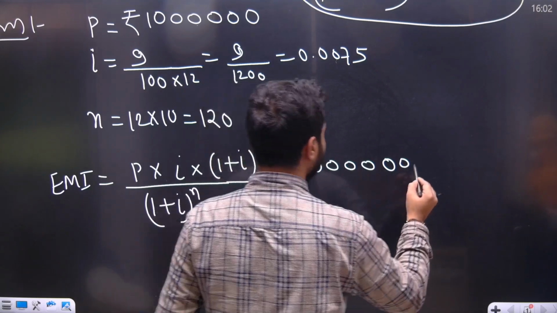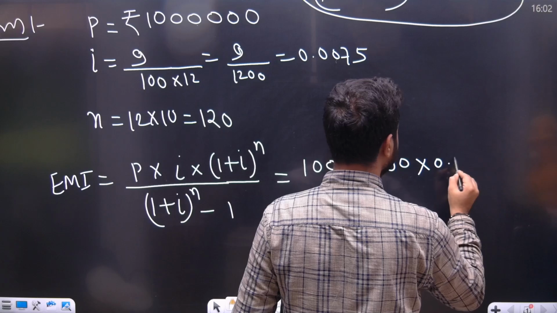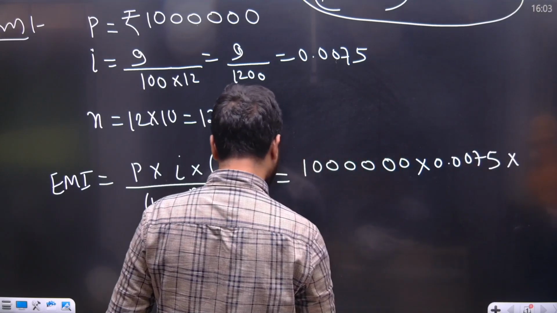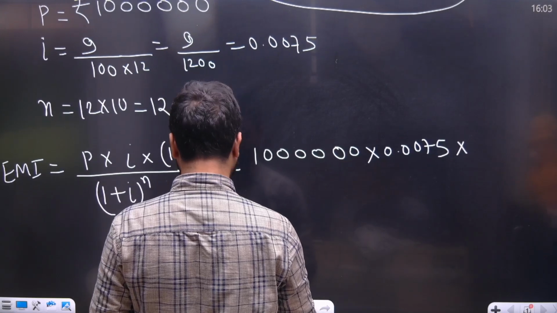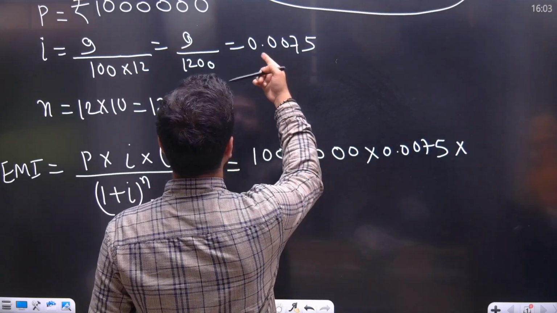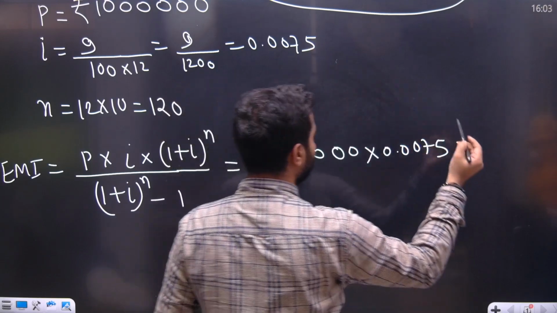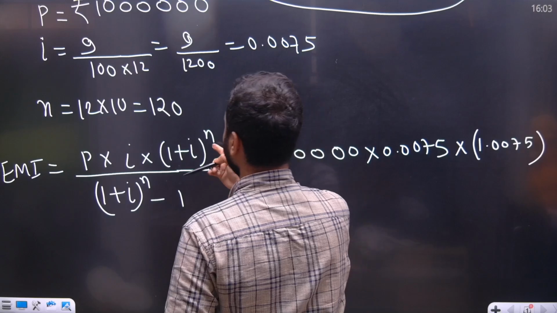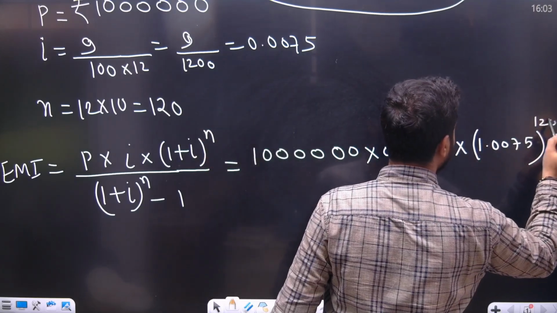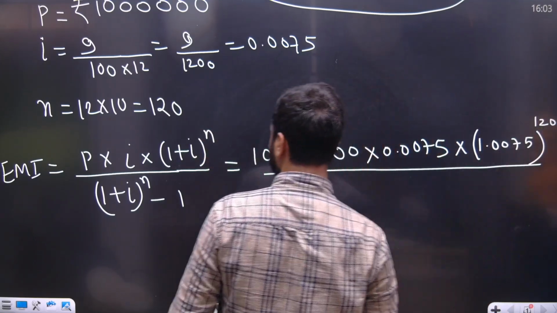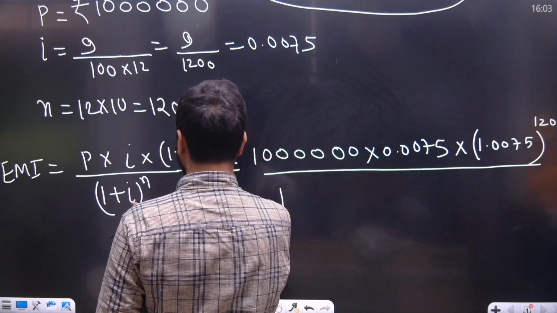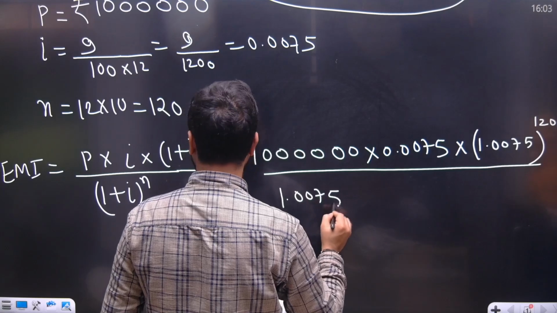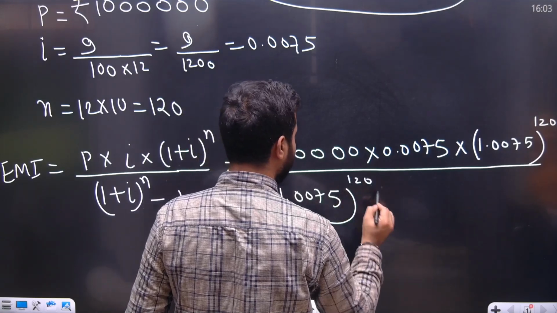Okay. Now P is your 10 lakh, put here 10 lakh, multiply I, which is 0.0075, multiply 1 plus I. So the value of I is 0.0075, so 1 plus I will be 1.0075 whole to the power n. The value of n is 120. Divided by 1.0075 whole to the power 120 minus 1.